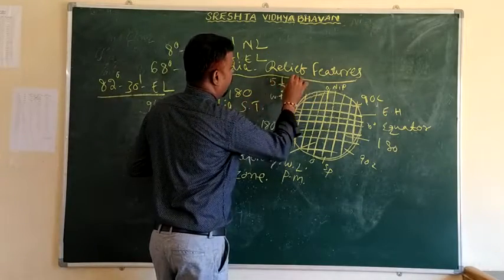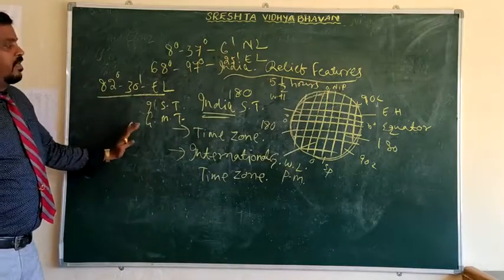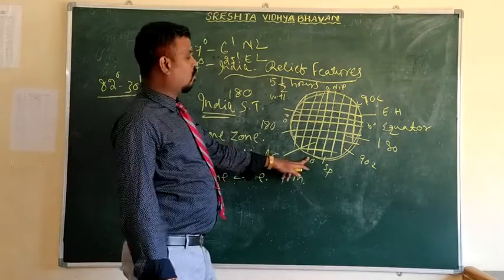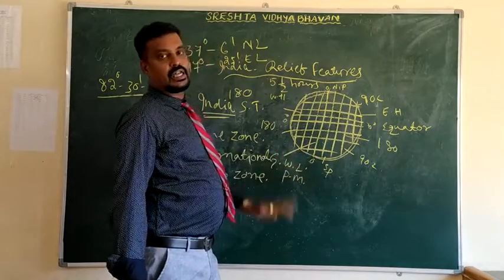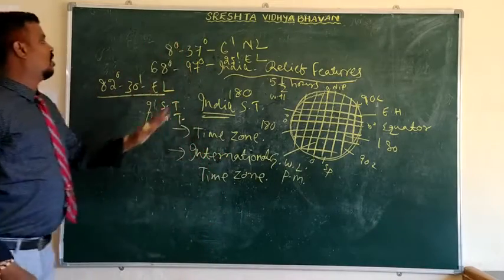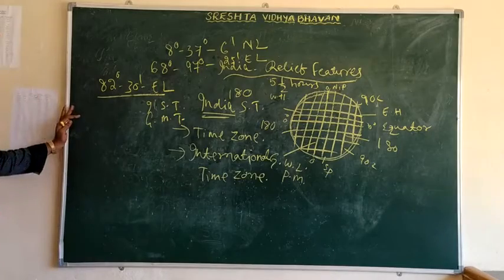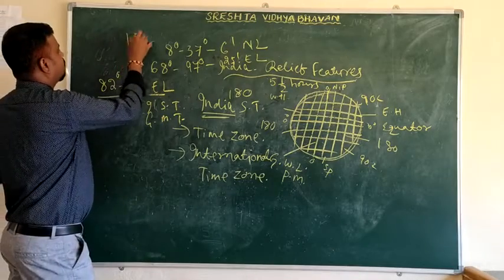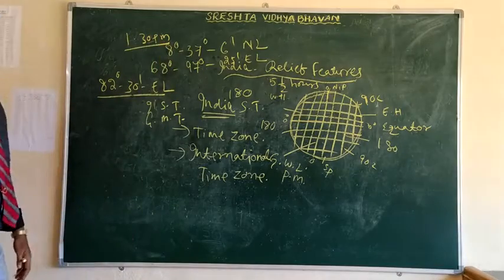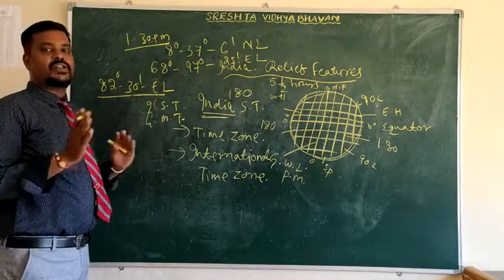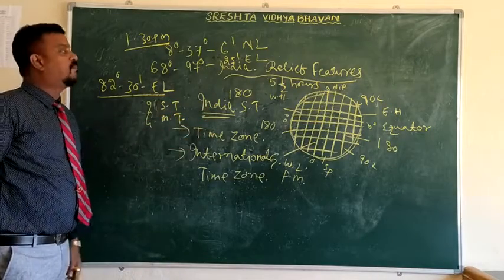If the time is 8 o'clock in the morning in Greenwich Mean Time, in our country you have to add 5.5 hours, that is 9, 10, 11, 12, or 1:30 p.m. in the afternoon. This is the time difference between Indian Standard Time and Greenwich Mean Time.